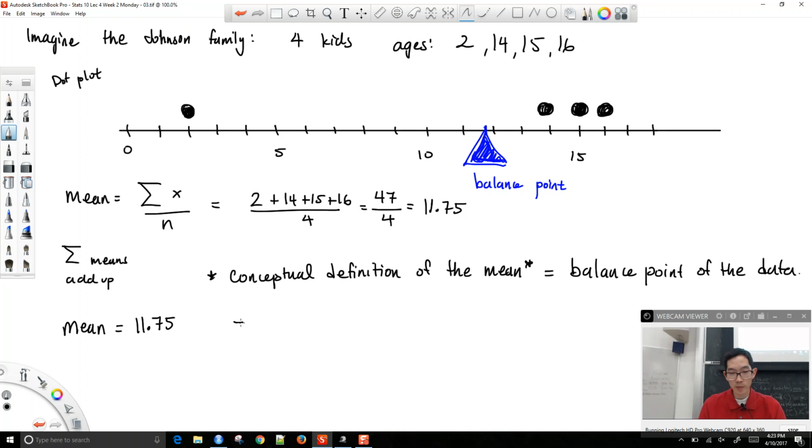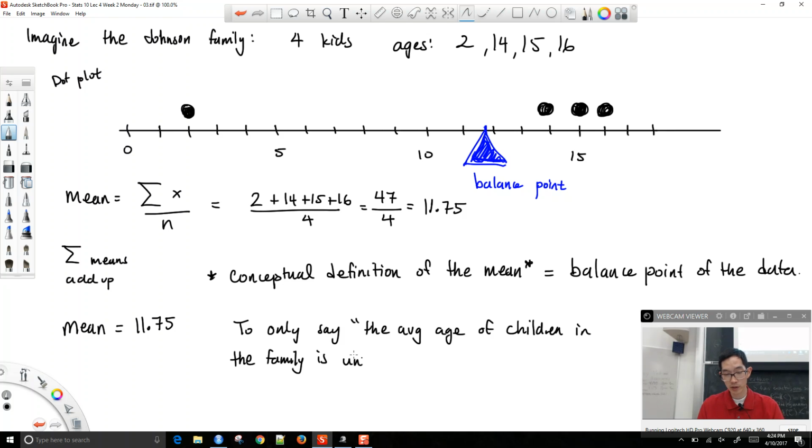To only say that the average age of children in the family is just under 12 years old, that is a correct statement.